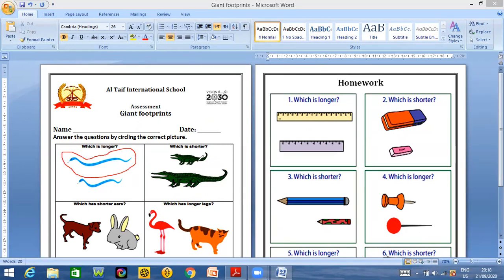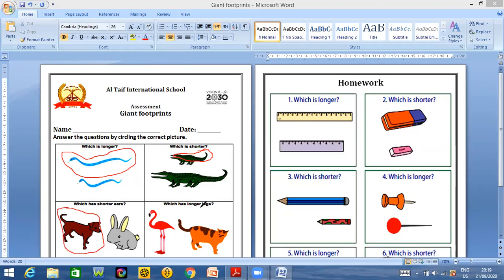Which is shorter? This crocodile is shorter, or the upper one is shorter. So circle. Which has shorter ears? You don't have to see the animal, you have to see their ears. The dog has the shortest ear.